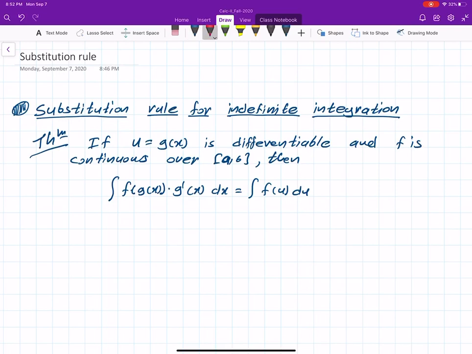Let me explain something here. I don't know whether you are familiar with these kinds of functions. Here the function is like f of g of x. These are called composite functions.